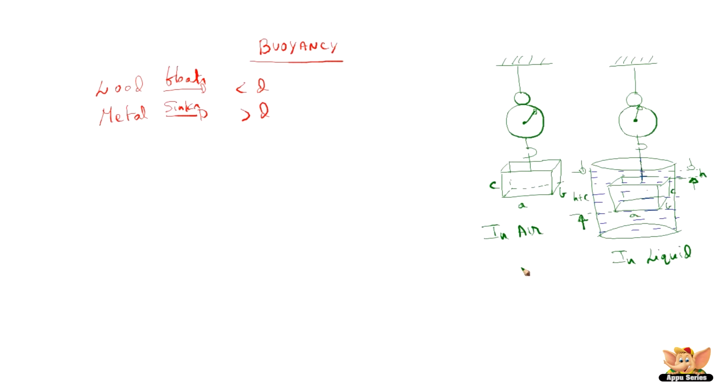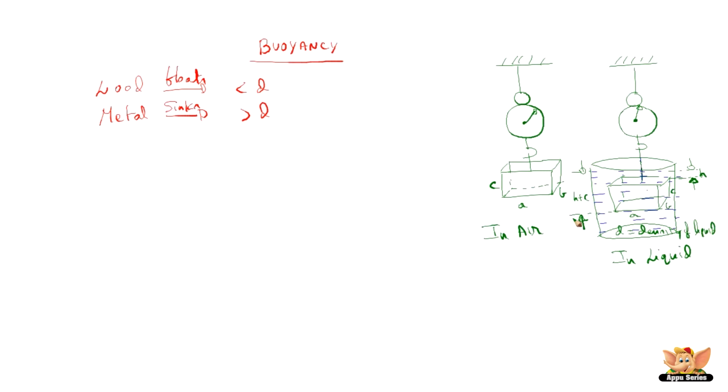Now, how do we calculate these upward and downward forces and then understand the definition for buoyancy? For this, we need one more parameter, which is the density of the liquid. Let us say D is the density of the liquid.